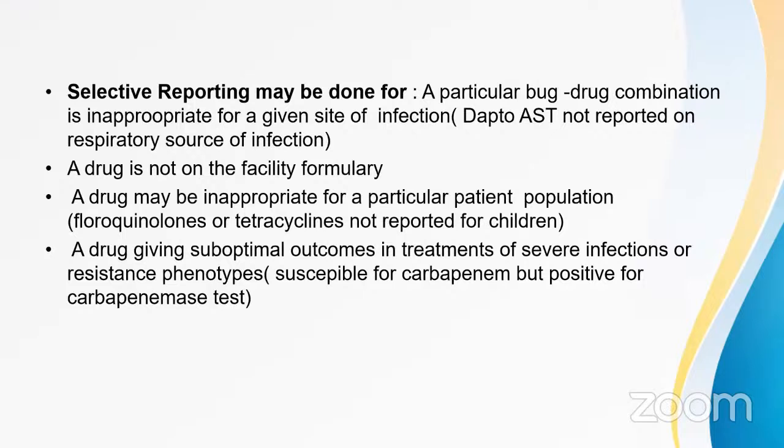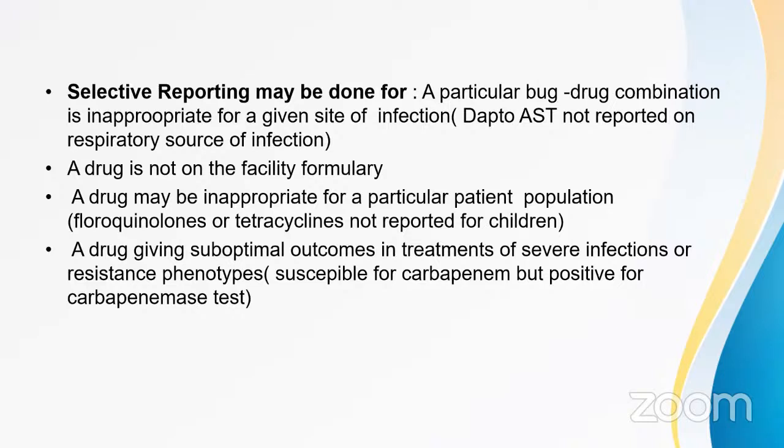Selective reporting may be done when a particular bug-drug combination is inappropriate for a given site of infection. For example, daptomycin AST is not reported on respiratory sources of infection.